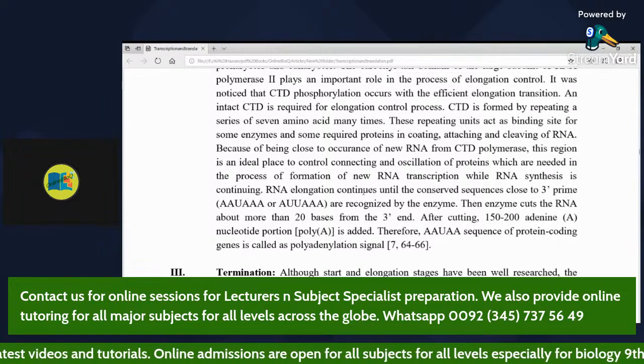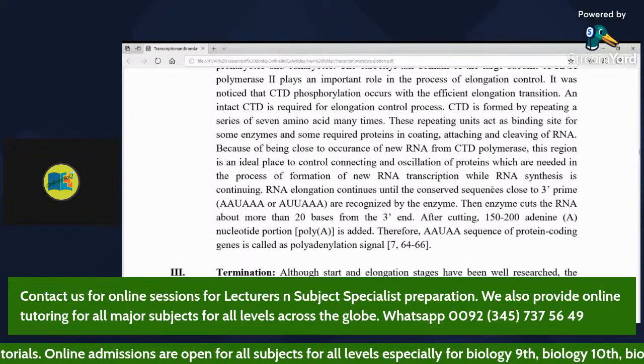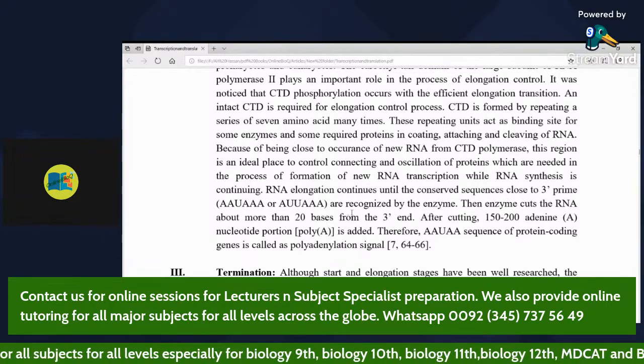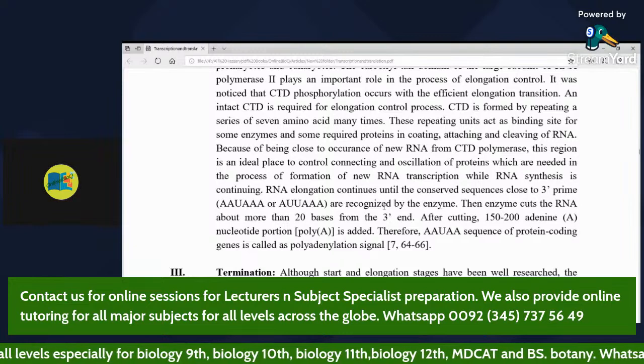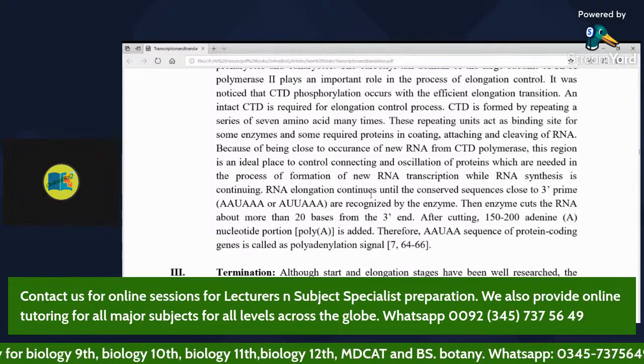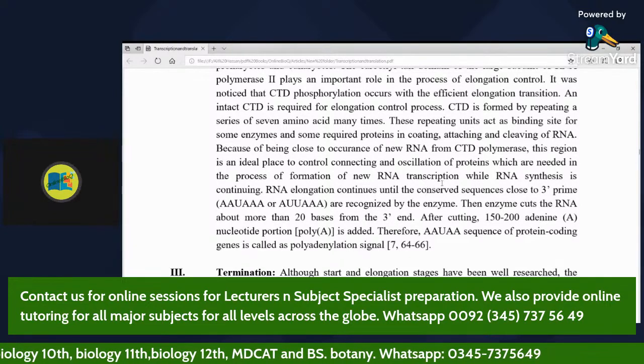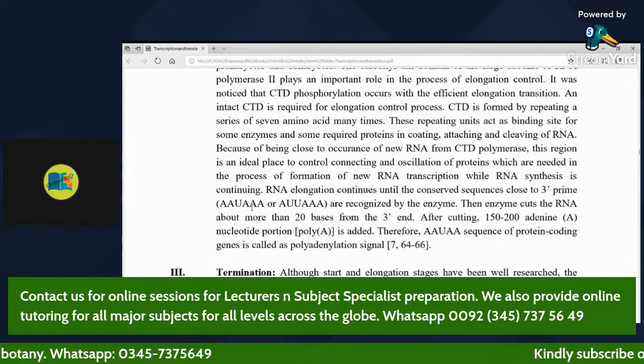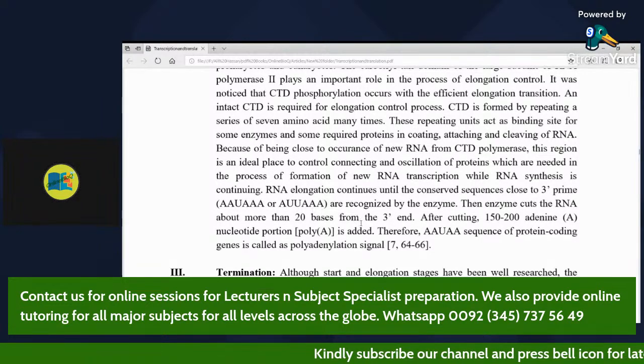RNA elongation continues until the conserved sequences close to the 3' end, the sequences AAU, AAA, AUU, are recognized by the enzyme.